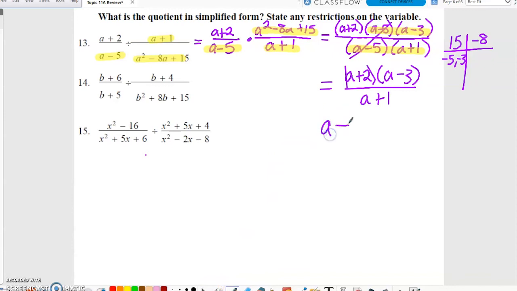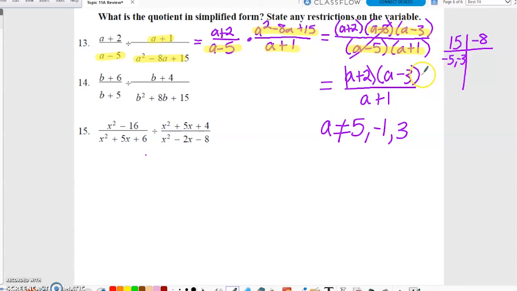And so for that, we get restrictions of, starting with the a minus 5, a cannot equal 5. A plus 1, that gets us a negative 1. A minus 3, that gets us positive 3. And then a minus 5 is repeated again, so I don't need to write that one twice. So this is your answer. You got more restrictions than usual because it's division, and then this is your answer.